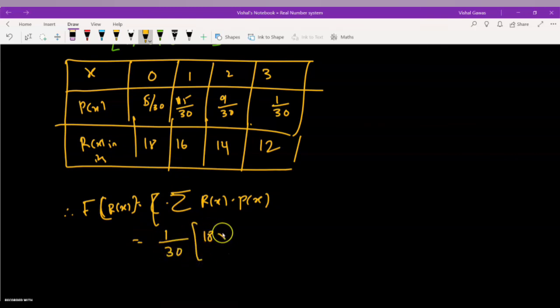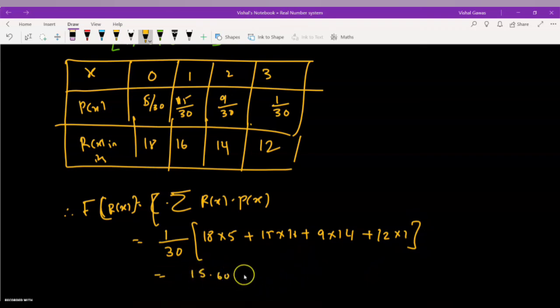This is 18 into 5 plus 15 into 16 plus 9 into 14 plus 12 into 1. If I do a little bit of calculation here and there, this is equal to 15.60 rupees. That's the expected number of rupees.